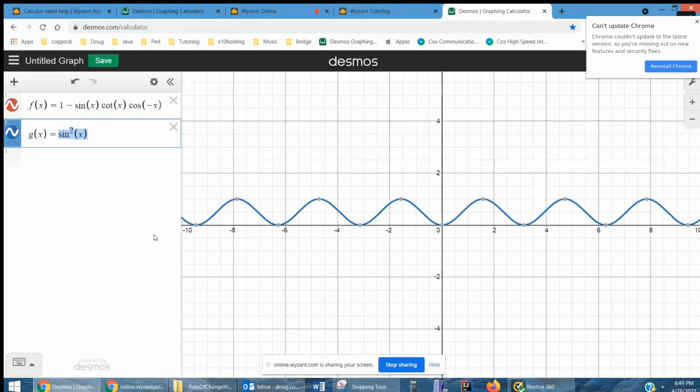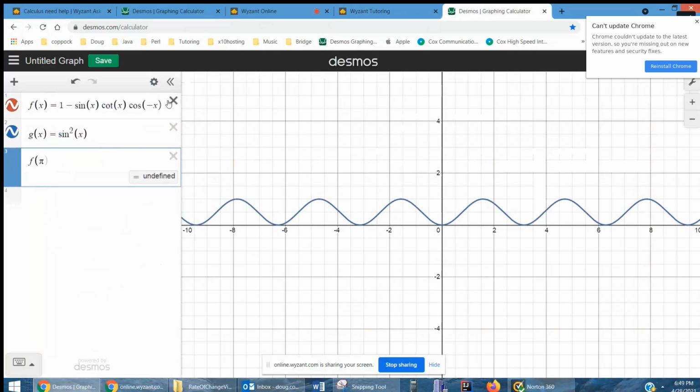regardless of the value for x, except we might have a problem for this first one when the sine of x equals 0, because this is cosine over sine. When does the sine of x equal 0? Probably at 0 or pi. So let's see what f of pi is. Undefined.